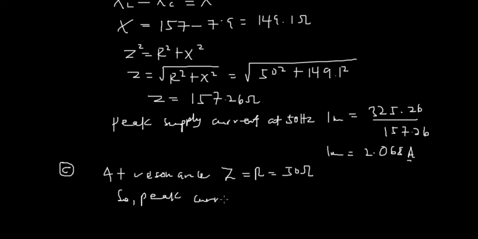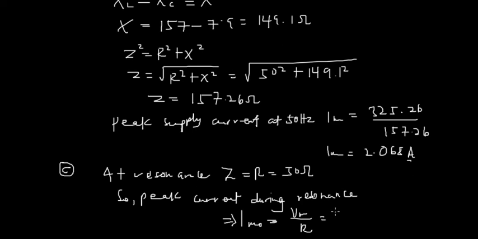So we can state that our peak current during resonance, that's our IM, so you can add zero as the subscript, is equal to VM on R. So from here we used VM on Z because we were using the 50 Hz, but for this one we are using resonance.